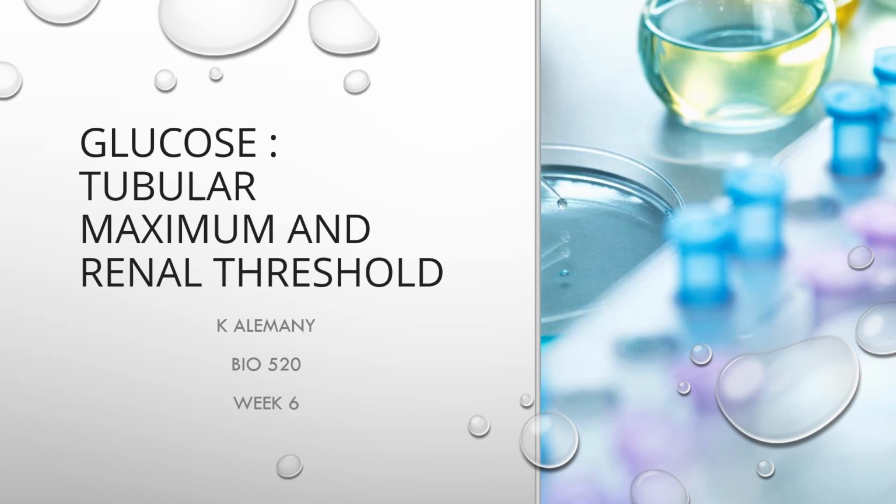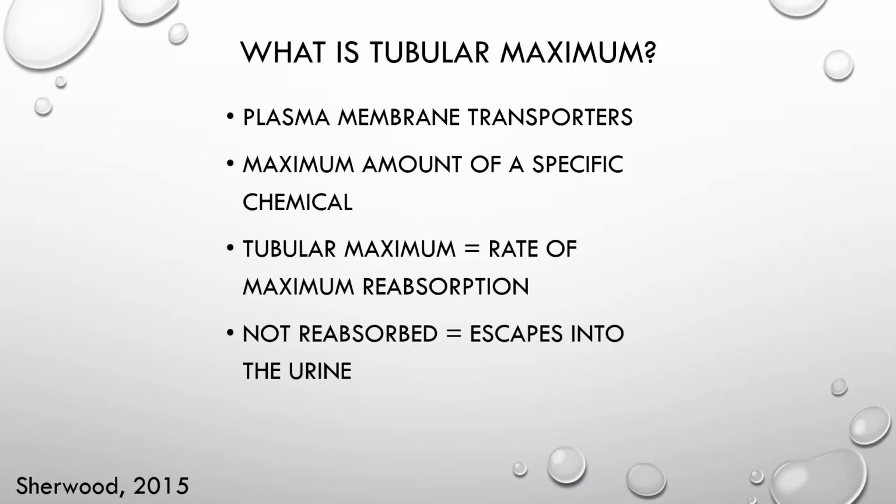Tubular maximum and renal threshold. All chemicals that are actively reabsorbed attach to plasma membrane transporters, which push them against a concentration gradient across the membrane. Each carrier has a specific range of materials it can move.